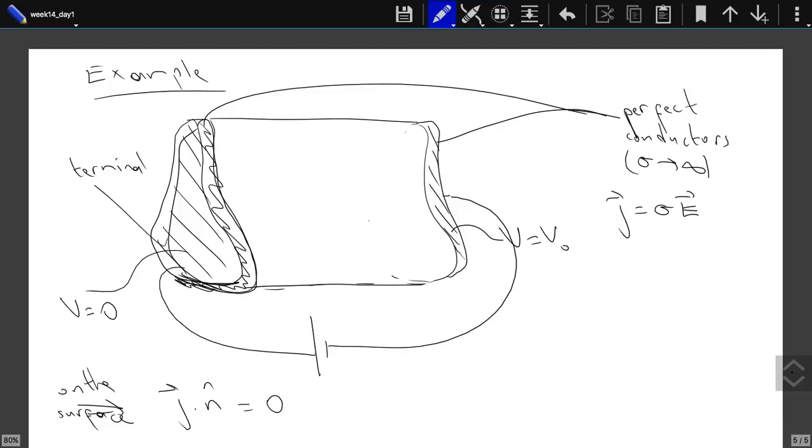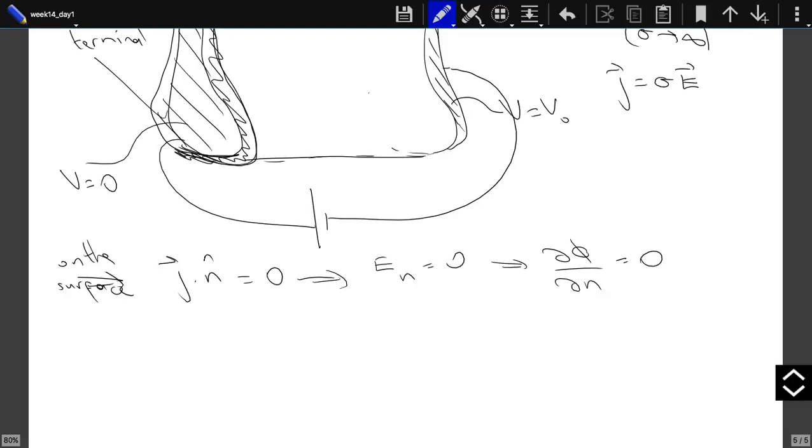The normal component of the current should be 0. Well, this means that En, the normal component of the electric field, is 0 because J is proportional to the electric field. Well, this basically means that the normal derivative of my potential should be equal to 0 on the sides.